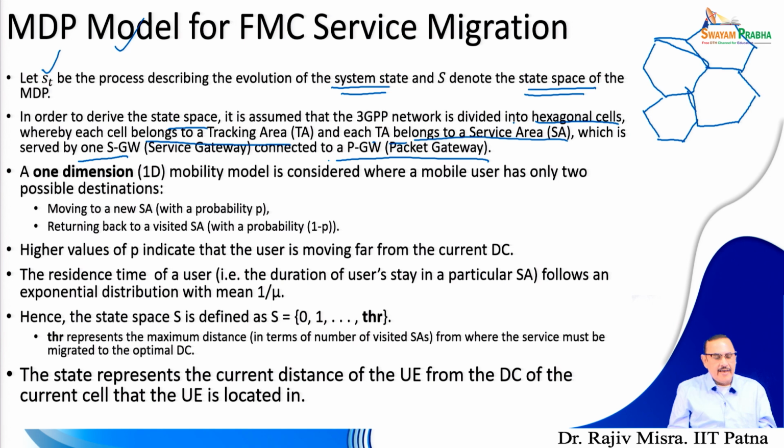So, this particular area is divided into hexagonal cells, and this is for the state space description, where each cell belongs to a tracking area, and each tracking area belongs to the service area, which is served by one serving gateway.